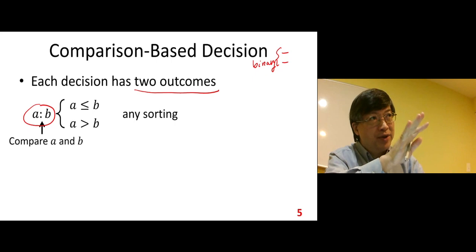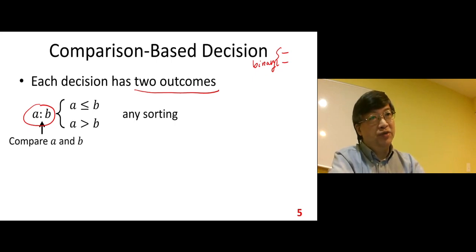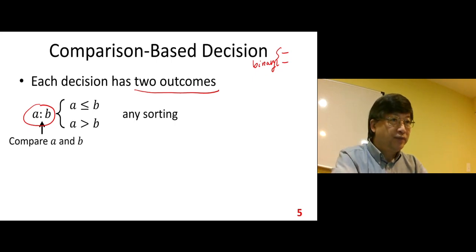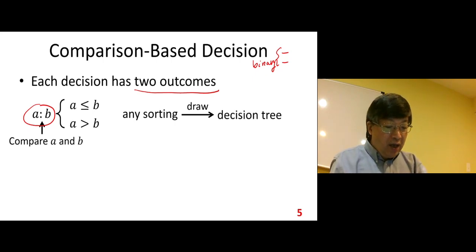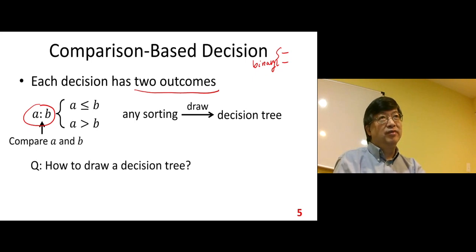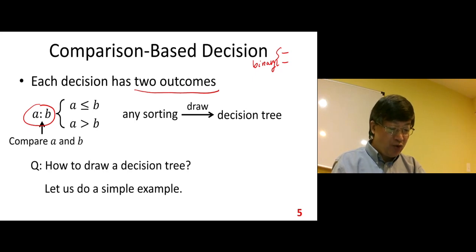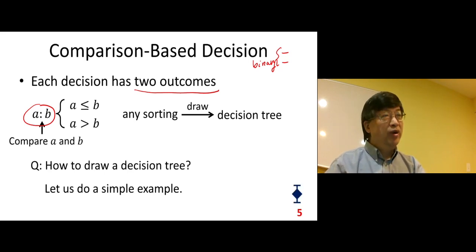For comparison sorts, we can draw a decision tree. The question next: how to draw a decision tree? I need to show you a simple example, but we will do that in our next part, B.3, where we will see our first decision tree simple example.